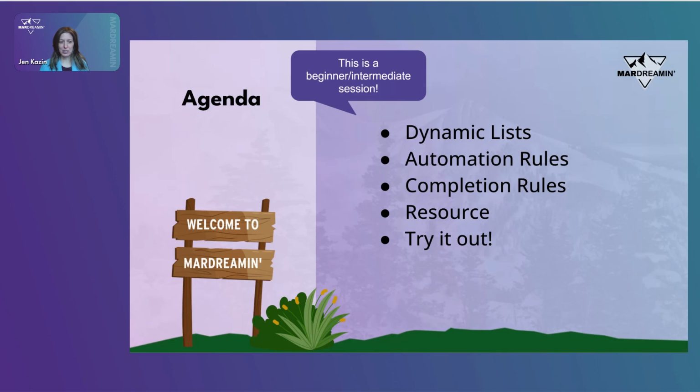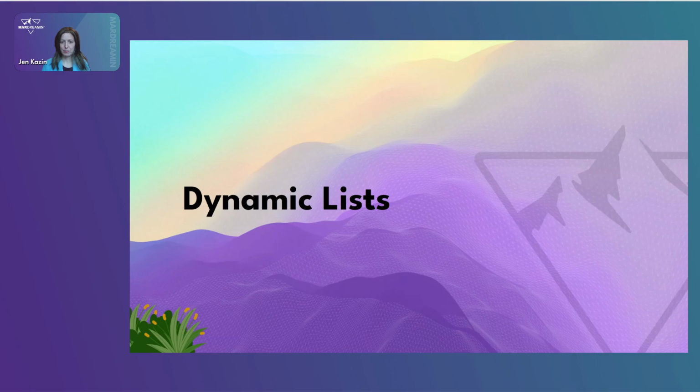I have basically 33 examples of dynamic list automation rules and completion actions that you can get started with. I actually think that resource is really valuable and helpful, so I would at least stick around for that as well. So let's get started with dynamic lists.